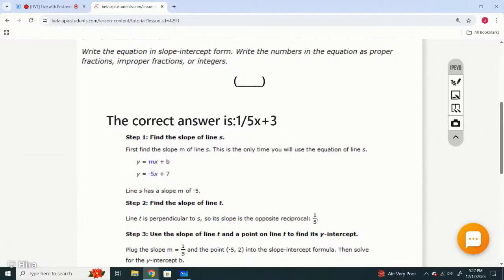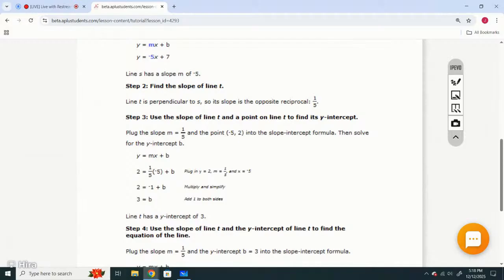Since line T is perpendicular to line S, its slope is the negative reciprocal, that is 1 by 5. So use the slope of line T and a point on line T and find its y-intercept. So m equals 1 by 5. The point is negative 5, 2.